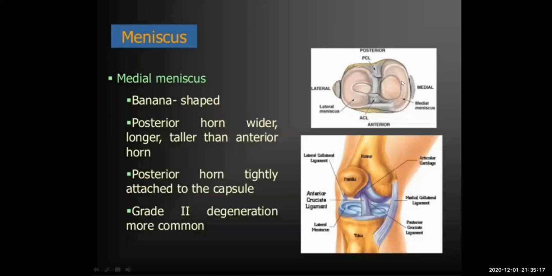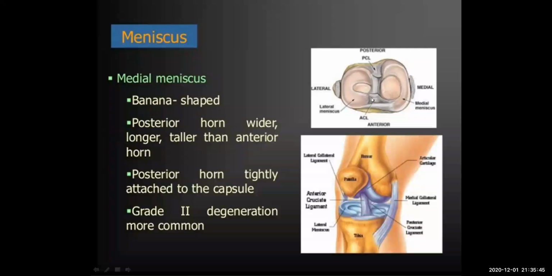Okay? It has little excursion inside the knee joint, compared to the lateral side, which has more mobility and almost 10 times the excursion of the medial meniscus. This can explain why the medial meniscus is at higher risk of injury than the lateral meniscus. Okay?